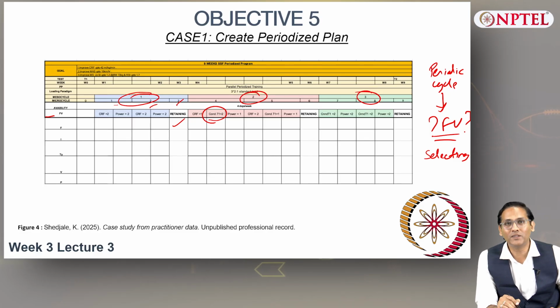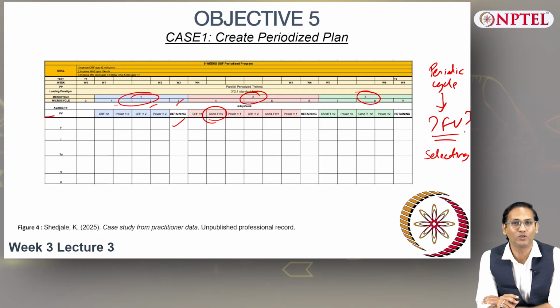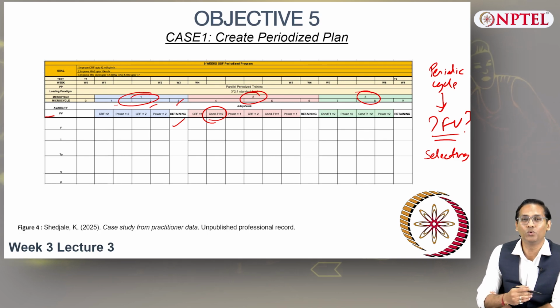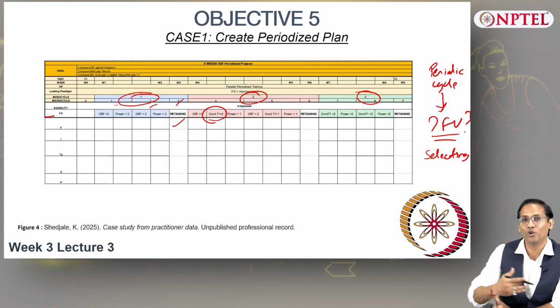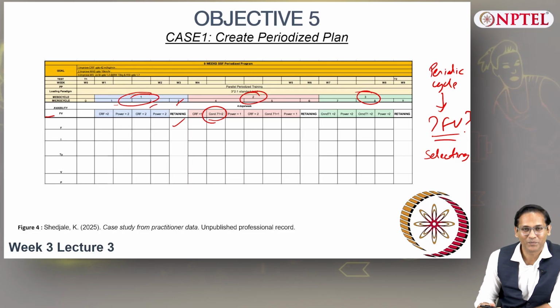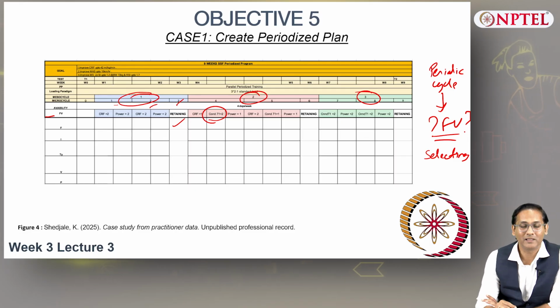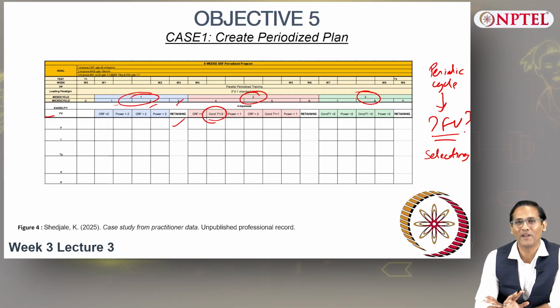And the aim of this conditioning workout is not just to get the adaptation but to also increase the work capacity. It means the ability to run for a longer distance.